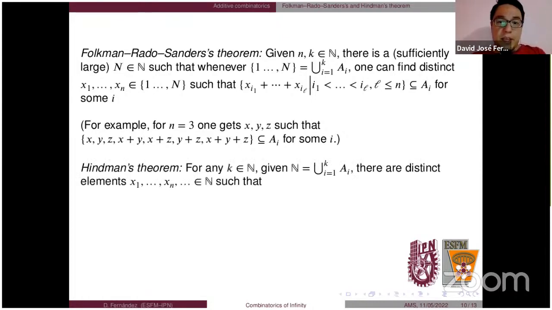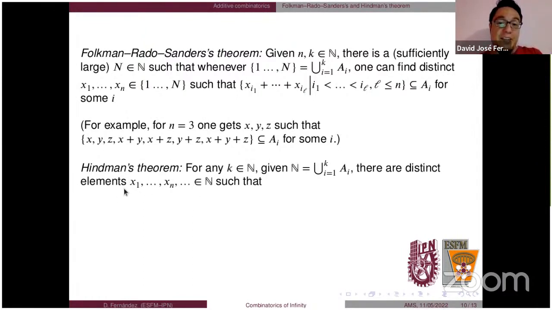All right. So the infinite generalization of this is known as Hindman's theorem. And just like Ramsey's theorem, you have the infinite version and the finite one. In this case, it's exactly the same. Hindman's theorem is just the infinite version of the Folkman-Rado-Sanders. It's the exact analog, but for coloring infinitely many things, in this case the whole set of natural numbers. You partition it into k pieces, and you can always find infinitely many elements, x1, x2, x3, and so on.